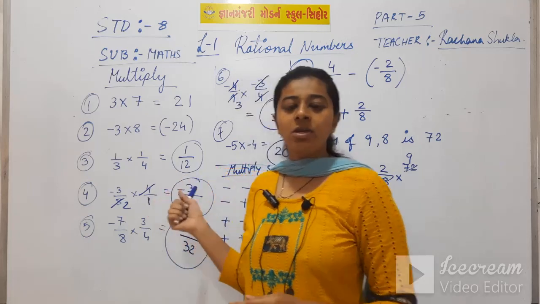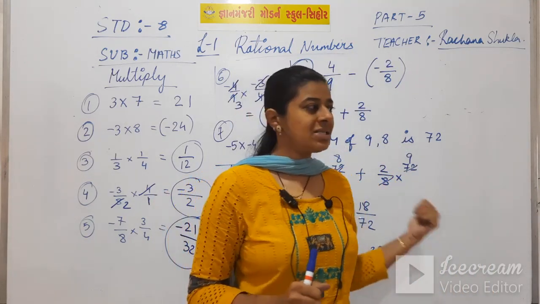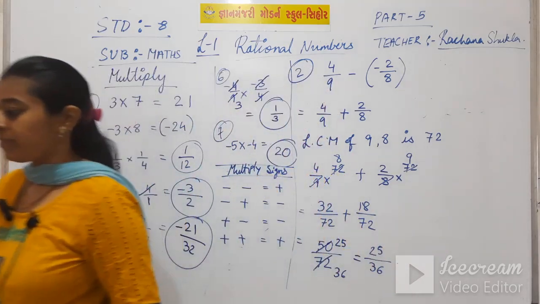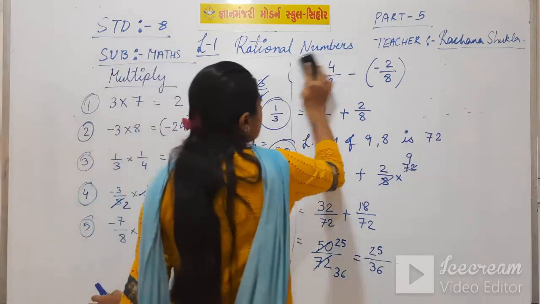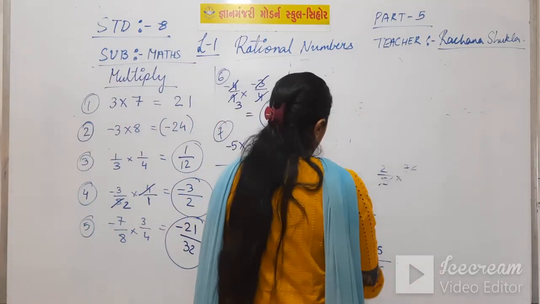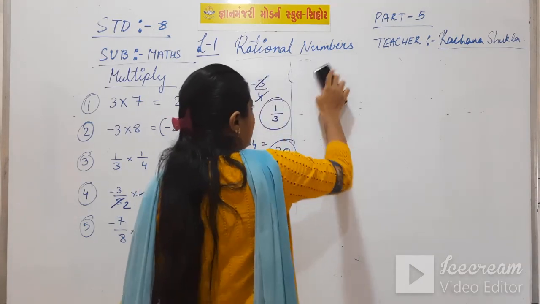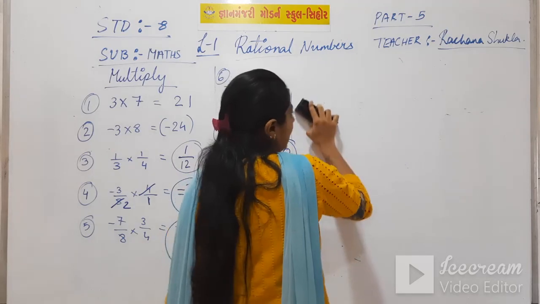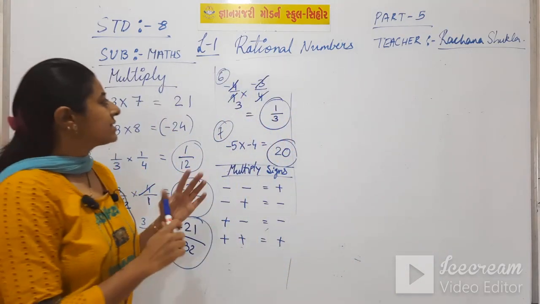So I am giving you homework that you have to do in the example book. So please note down your homework. I am writing here your homework. Please note down, and this homework you will do in your example book. I repeat, you will make a separate example book for maths as you have been preparing in 7th standard.